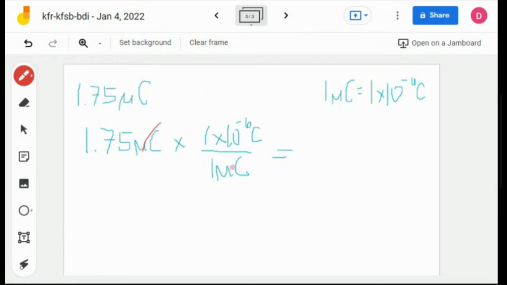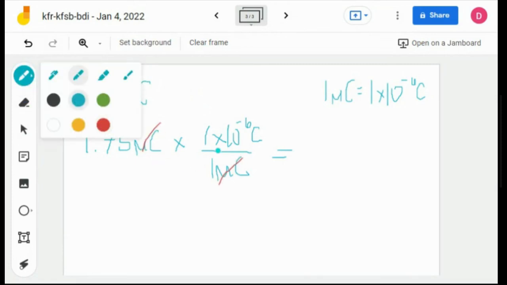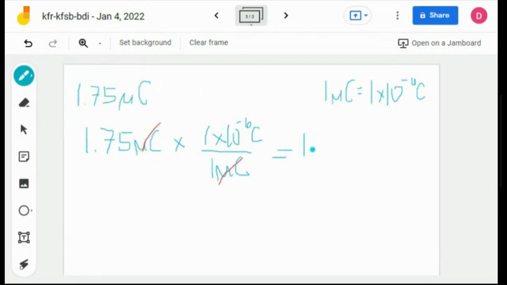So we will have here 1.75 times 10 to the negative 6 coulombs. That's how we got 1.75 times 10 to the negative 6.